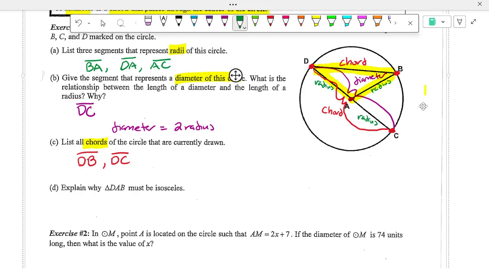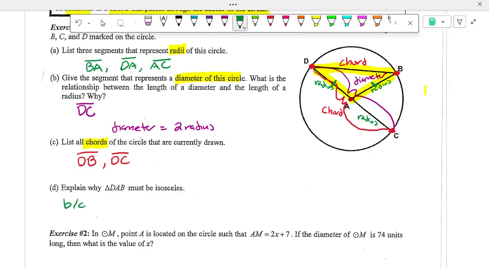So why are they saying that two sides of this triangle are equal? There's two radii. Because a radius always has to be congruent to every radius in that same circle, that is an isosceles triangle because we have two congruent sides.